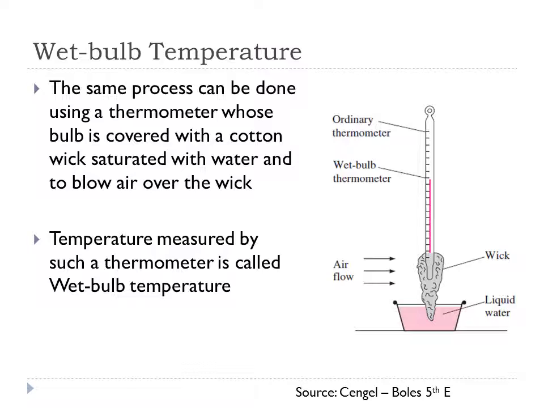Obviously, this wet bulb temperature will always be lesser or equal to the ordinary dry bulb temperature. If the blown air is saturated, then dry bulb and wet bulb temperatures would be the same. And if air is unsaturated, then wet bulb temperature will be lesser as compared to dry bulb temperature.